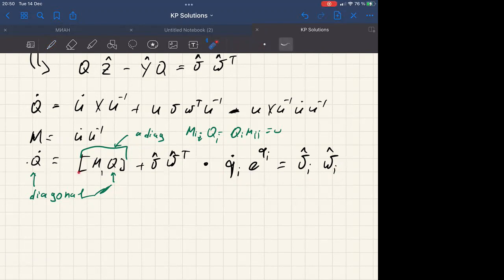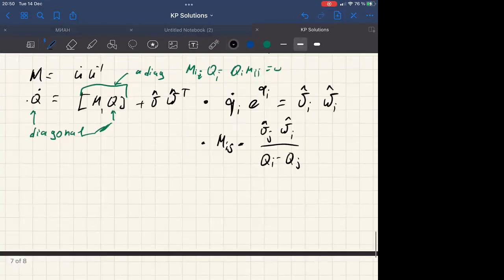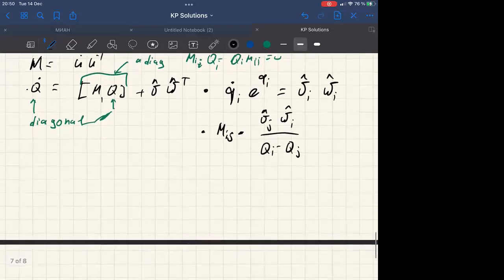From the anti-diagonal part we see that this should be zero, so we obtain that m_ij equals v_i w_j over minus u_i. Okay, remember this one.